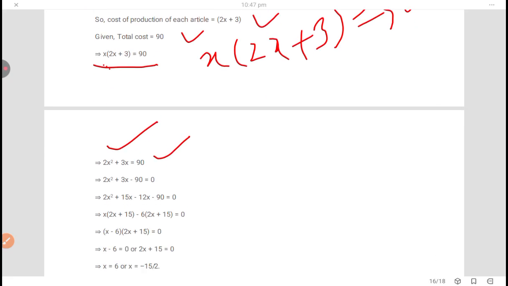Then take 90 to the left side, equal to 0. Then 2x square plus 15x minus 12x minus 90 equal to 0. So this 3x can be written as plus 15x minus 12x.